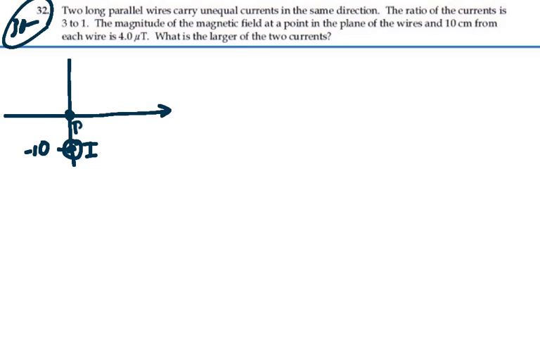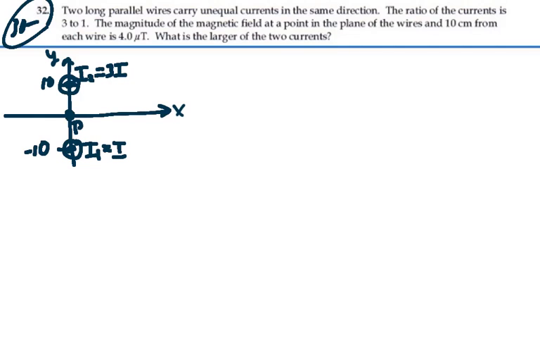Let's call that P. And then the other wire, I2, where I1 is equal to I and I2 is going to equal 3I, also has a current coming out of the page towards you, located at y equal to 10 centimeters.